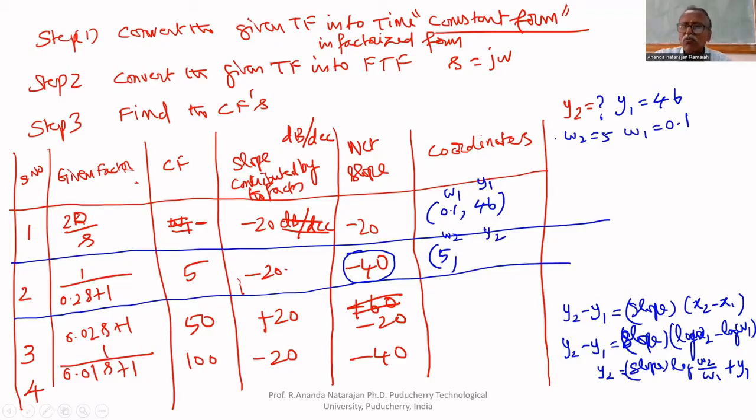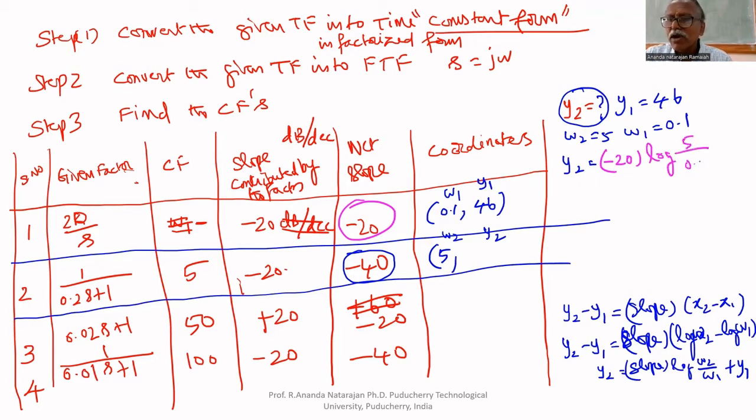In the question, y1 is 46, omega 1 is 0.1, omega 2 is 5. Therefore, just substitute. The previous slope we have to use because up to 5 only we are finding. Therefore, minus 20, the formula is slope multiplied by log omega 2 is 5 divided by 0.1, plus 46.